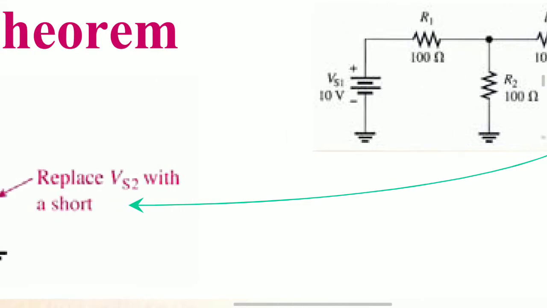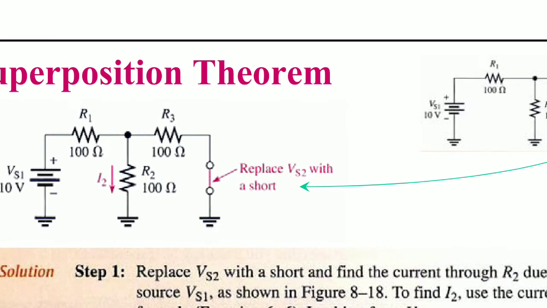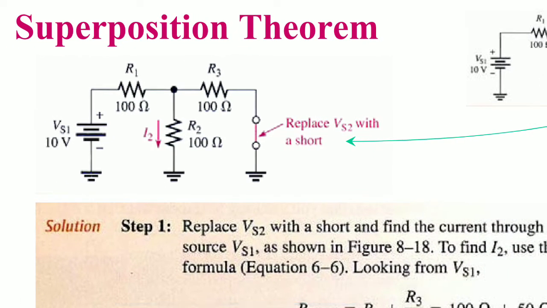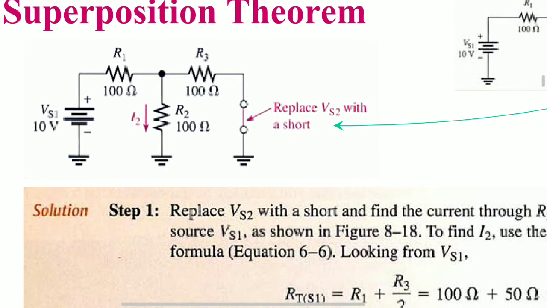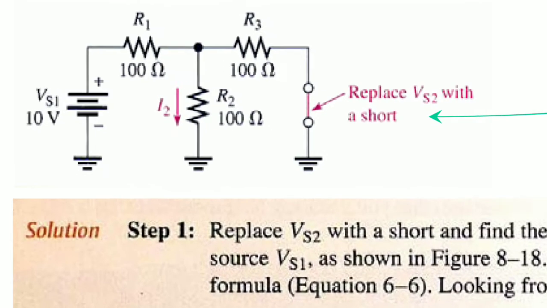Vs1 is 10 volts, R1 and R3 are 100 ohms, and the 5 volts V2 is replaced with a short circuit.